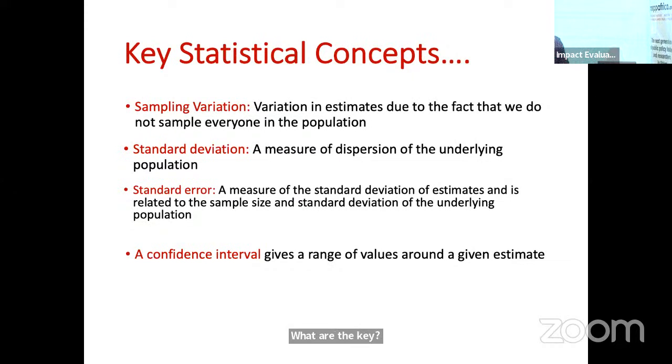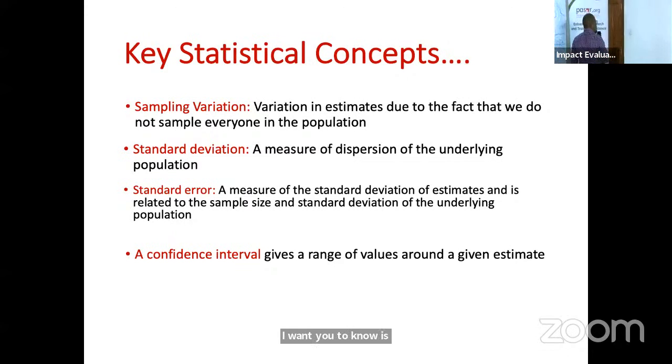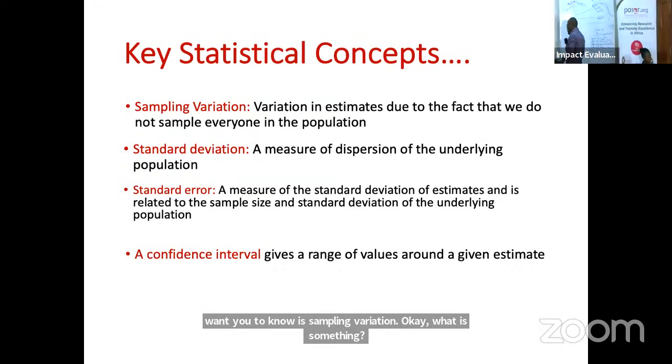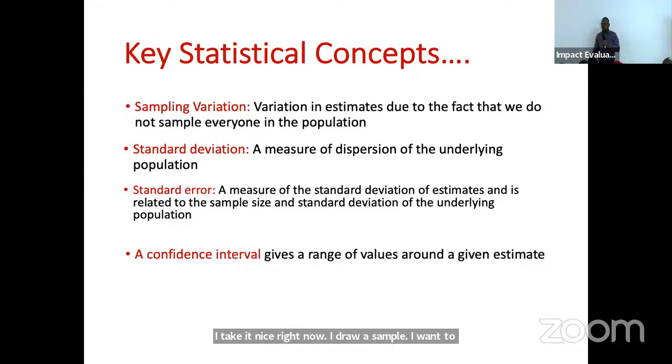One of the first key statistical concepts I want you to know is sampling variation. Okay. What is sampling variation? So let me give you an example of a very good sampling variation. I take a dice. Right now, I draw a sample. I want to measure height in this class.